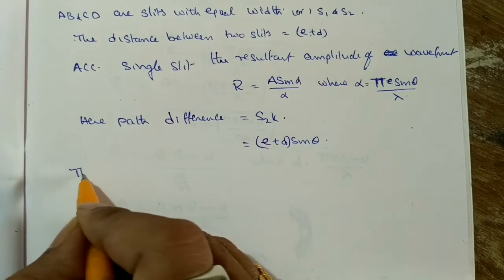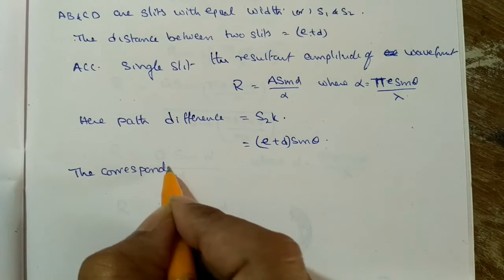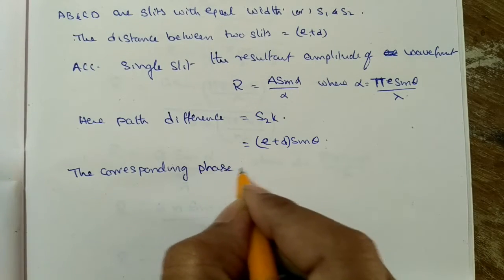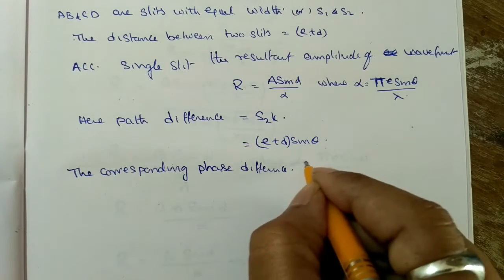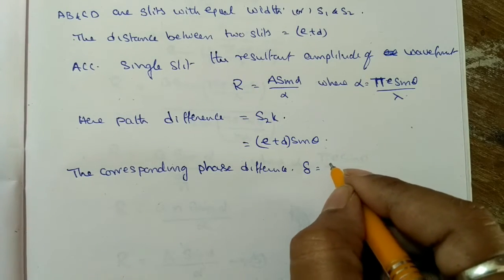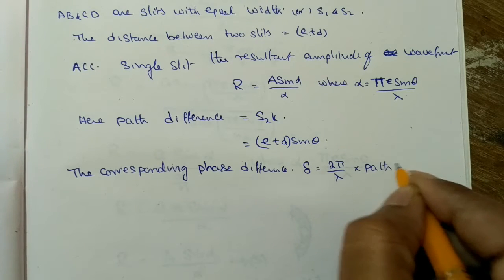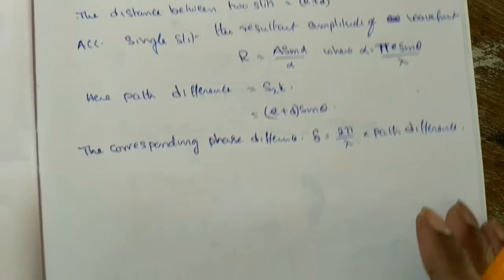The corresponding phase difference delta is equal to 2 pi by lambda into path difference.